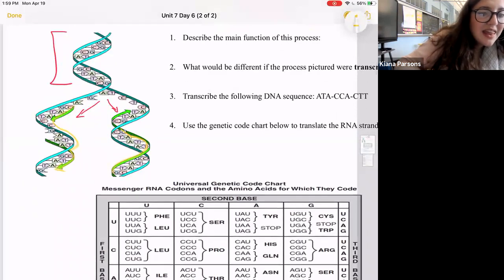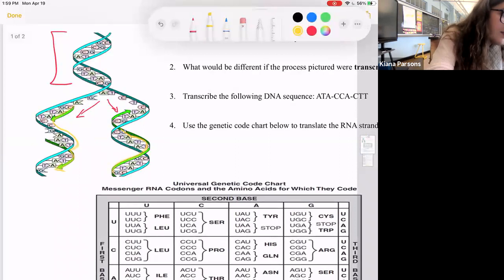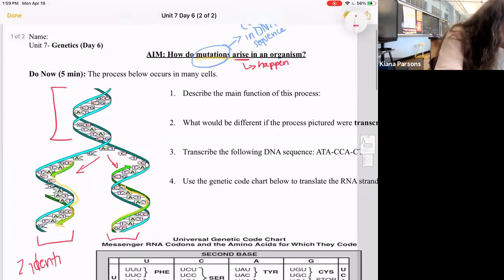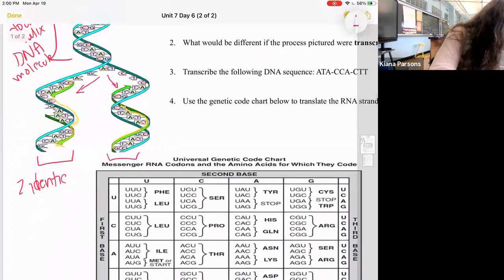So we're looking at the creation of two identical strands of DNA, right? So we start with one double helix DNA molecule, and we're here in the process, but we'll wind up with two identical DNA strands.